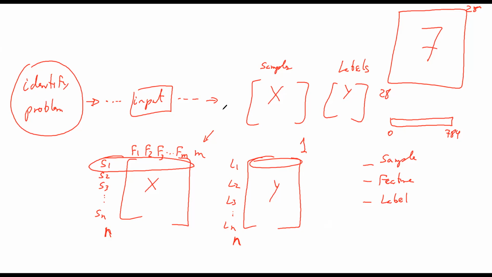I'm pretty sure a lot of the images on your phone right now are much, much larger than 28. Think about how big that's going to get really quickly. Just do the math: a 300 by 400 pixel image is already 120,000. So pretty big.